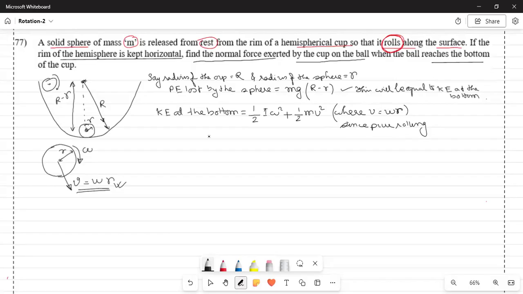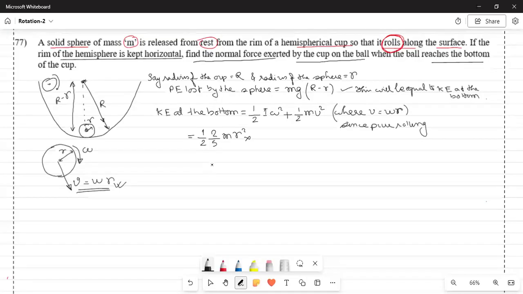So this is equal to half, moment of inertia of this solid sphere is 2 by 5 m r square, where this mass is the mass of the small sphere, 2 by 5 m small r square, multiplied by omega square.